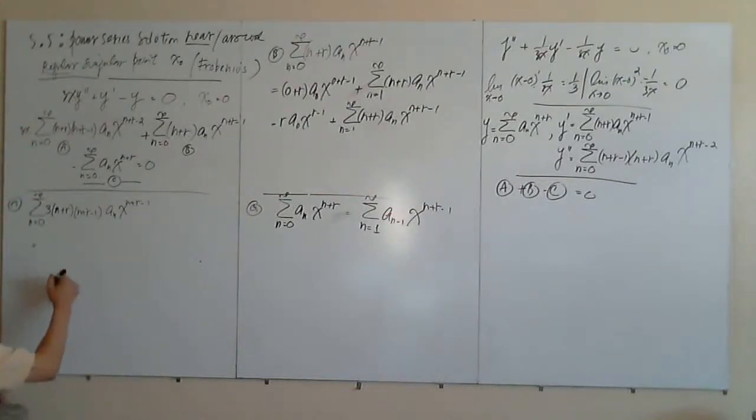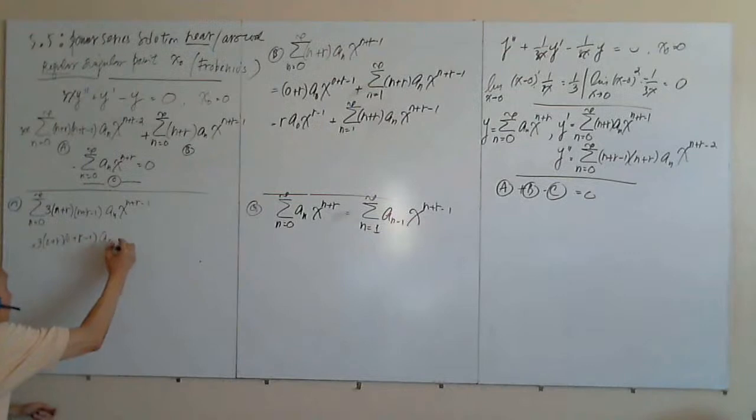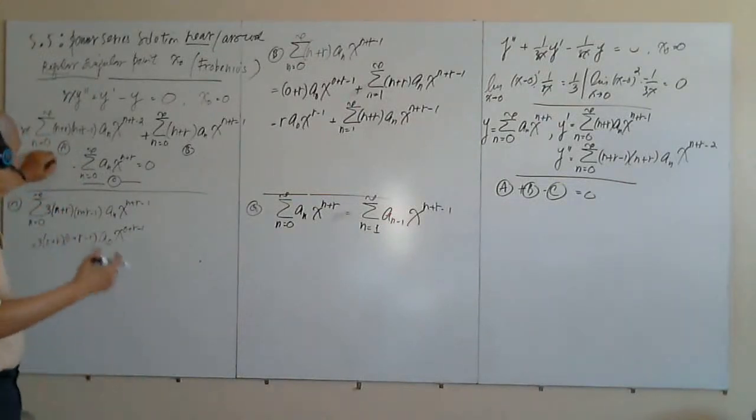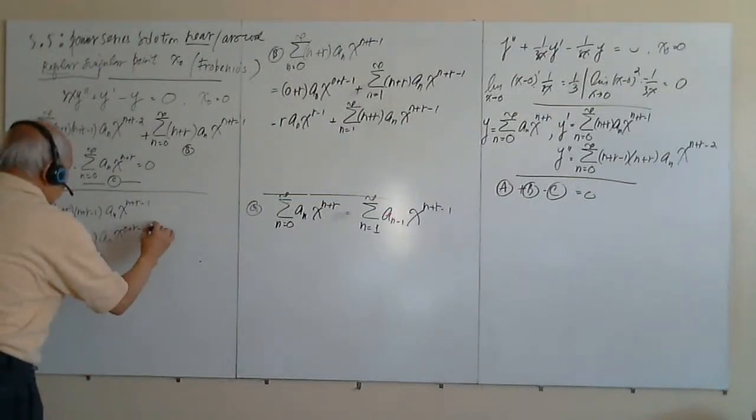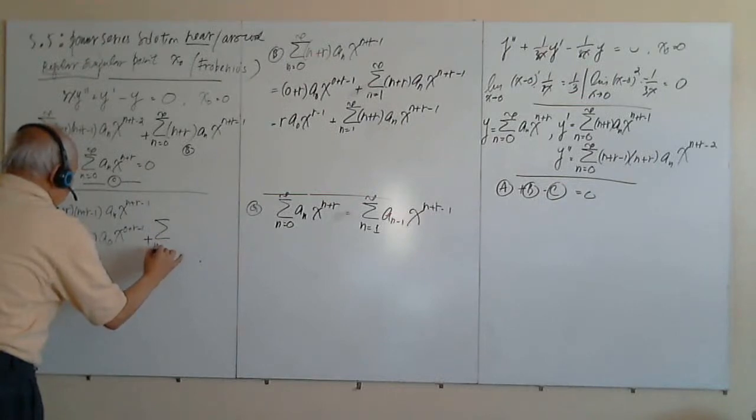So I got here 3 and then 0 plus r and then 0 plus r minus 1, and then a sub 0 x to the 0 plus r minus 1, right? Okay, and then once I have shaded one of the terms, I have to continue with the sigma sum as usual. Sigma sum n equal to 1.